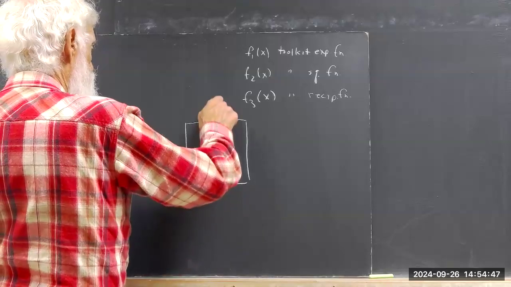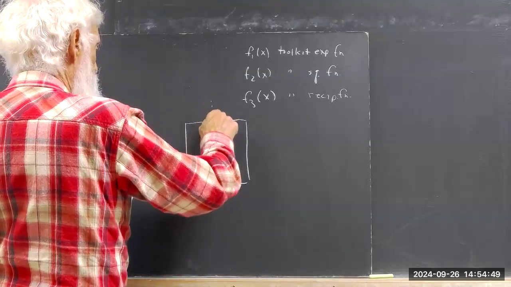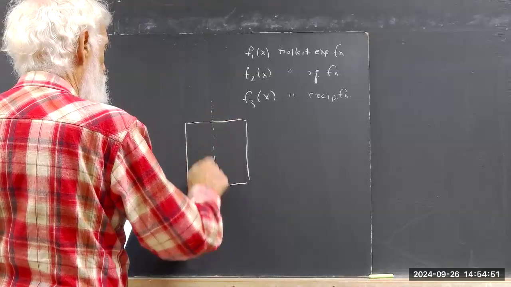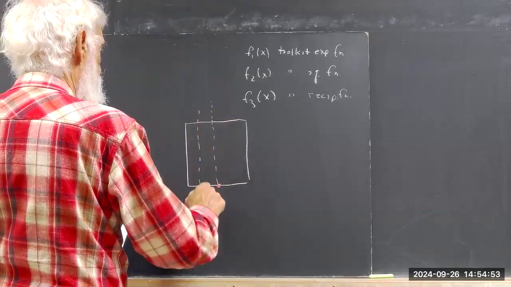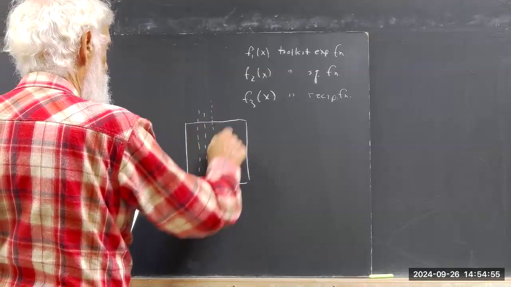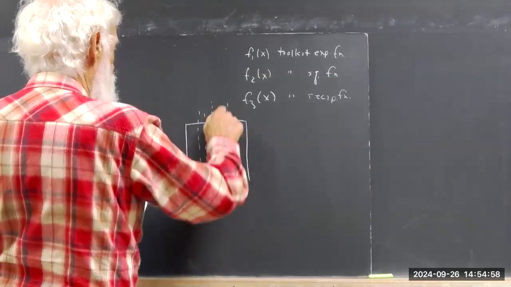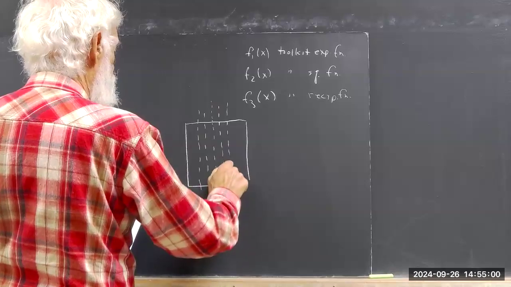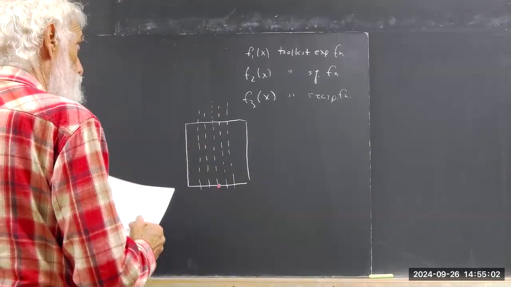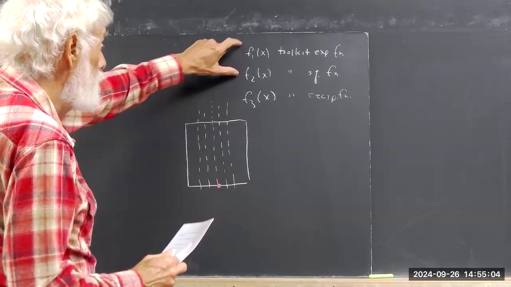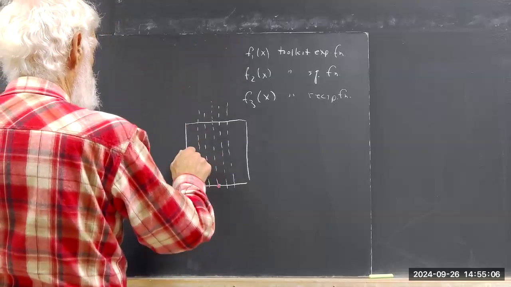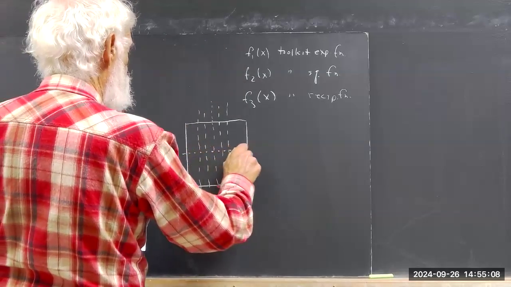Then we can do construction lines. By now you should know what the construction lines are. We'll do the construction lines for the exponential or squaring. Turns out we want to do the reciprocal function.